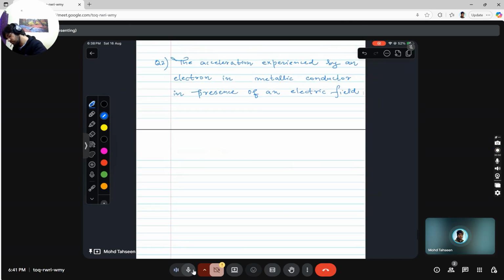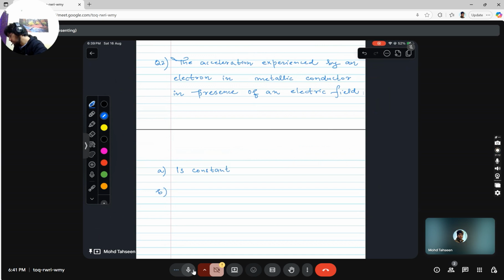The setup is that we have a conductor inside which there are electrons, and we are applying an electric field, and the options are related to what happens to the acceleration experienced by these electrons. Option A, the acceleration is constant.